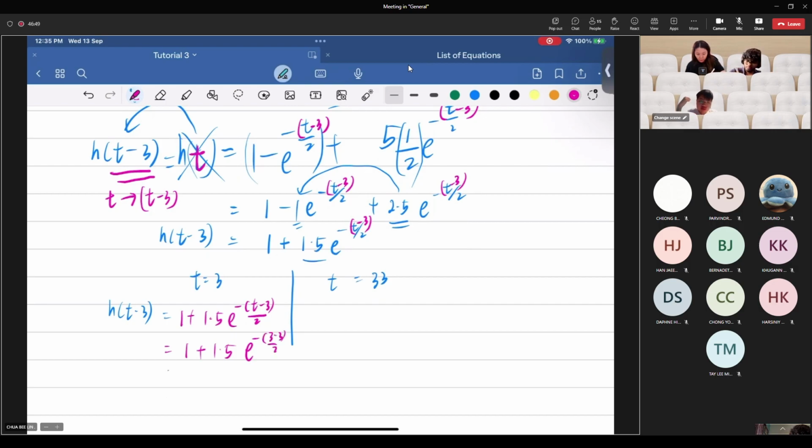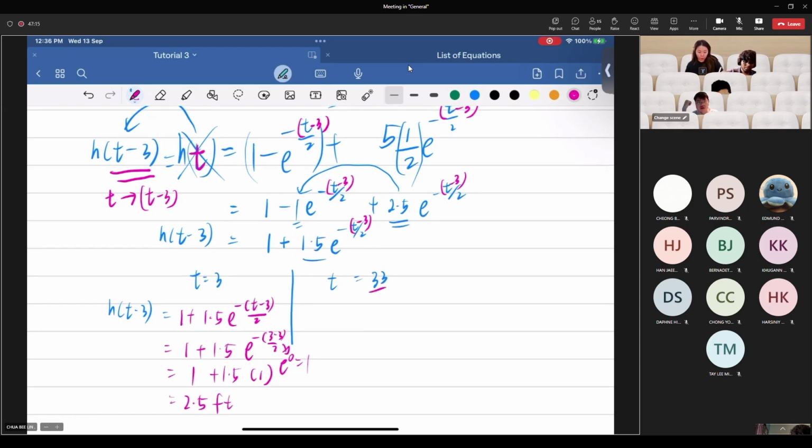So you'll be getting 0 for this exponent, and e to the 0 is 1. So 1 plus 1.5 is 2.5, correct.